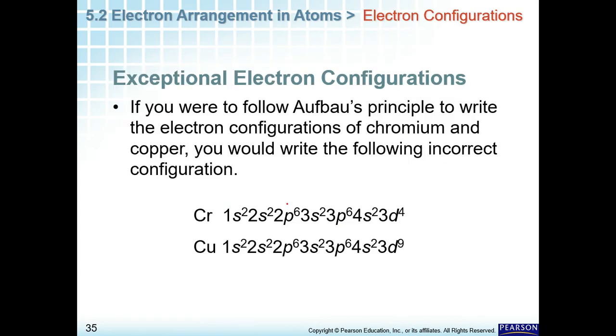Now there are some exceptions to the electron configuration. They do not follow Aufbau's principle, which, if we remember correctly, states that you must fill lower energy levels first before you move to the next energy level. There are 2 elements best known for not following this rule, and those 2 elements are chromium and copper.